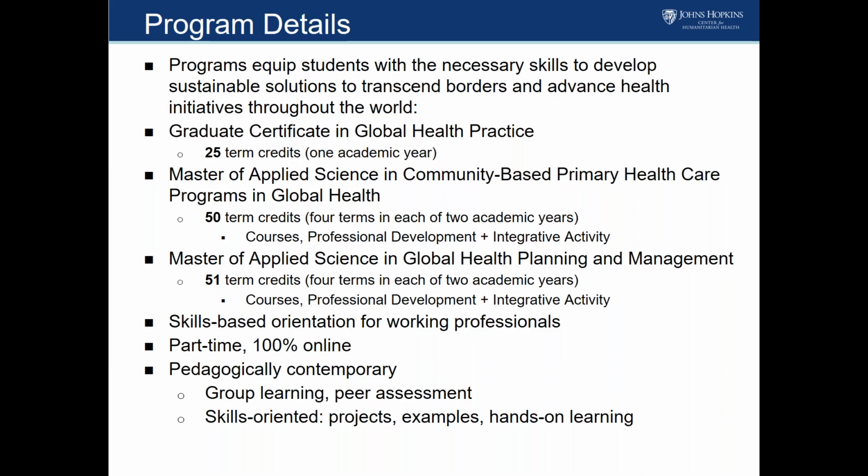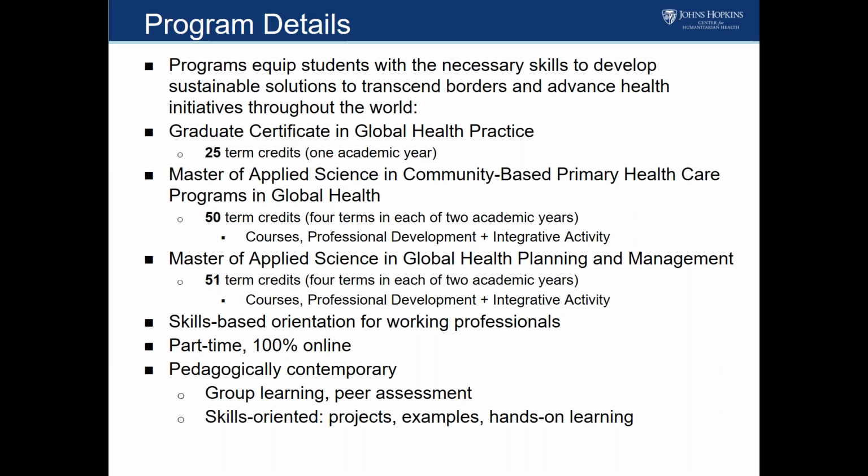Whereas others want the advanced master's degree, and along the way, if they complete the first step, which is the certificate year, then they will get the certificate in addition to the master's when they finish that.